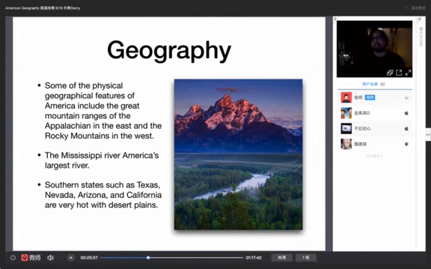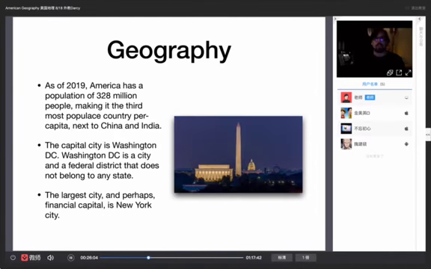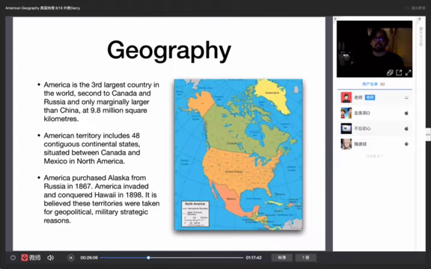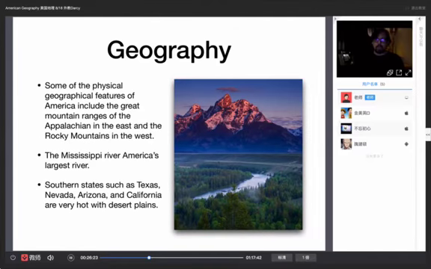So one of the things that makes America such a great country is its physical geography, or its physical land features: mountains, rivers, lakes, hot climate in the south, and cooler temperate climates in the north, and a whole range of wildlife and plant life.